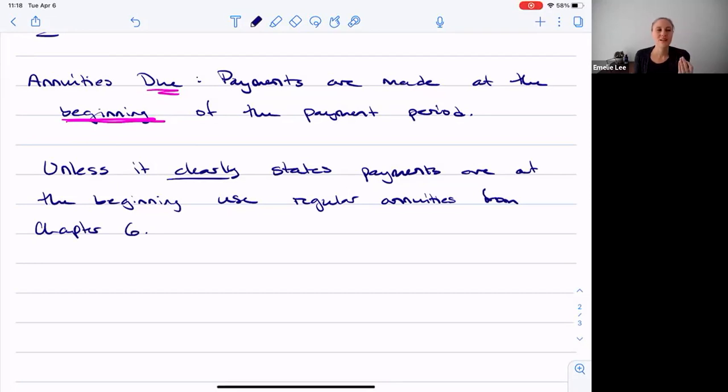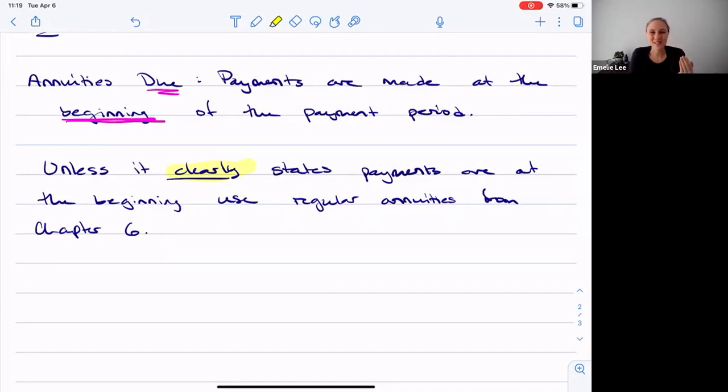So the default is, if it doesn't say, you can just assume that payments are made at the end of each month or the end of each quarter or whatever, right? Unless it clearly says, and I will highlight clearly, then you can just assume that they're regular annuities and they are just at the end of the payment period.